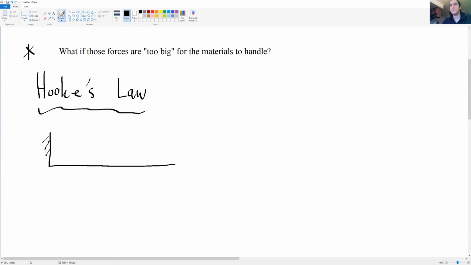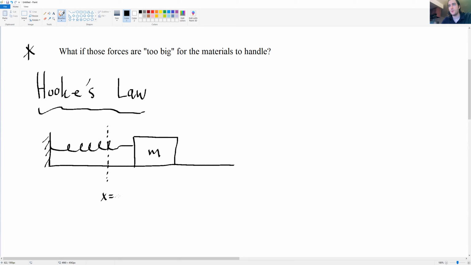So we have some sort of spring, whatever the spring is made of, could be iron or something. And that spring is maybe attached to some object with mass m. Suppose right here is the equilibrium position.